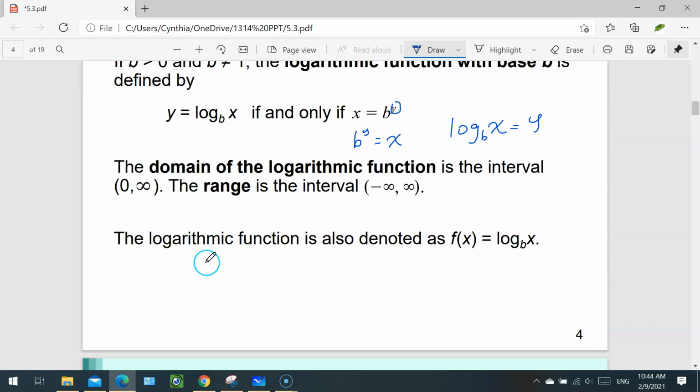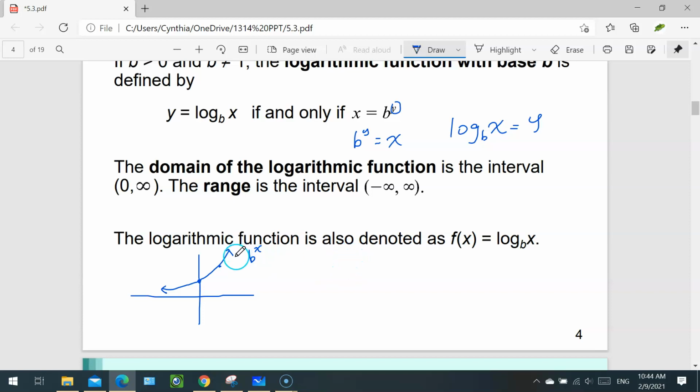Again, logarithm function is the inverse of the exponential function. So the exponential function, from 5.1, we have learned the tendency of the exponential function is a going up function. When your b is greater than 1, it passes through 0, 1, it passes through 1, b. This is exponential function b to the power x.